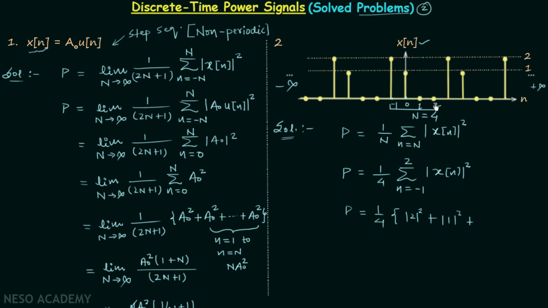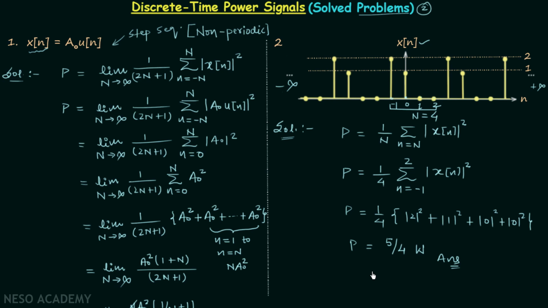When n is equal to 2, x[n] is again equal to 0. So we have mod 0 square plus mod 0 square. When you solve this, you will get the average power P for this periodic discrete time signal is equal to 5 over 4 watts. This is the answer of the second problem.